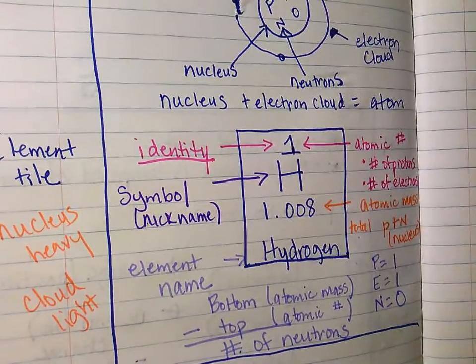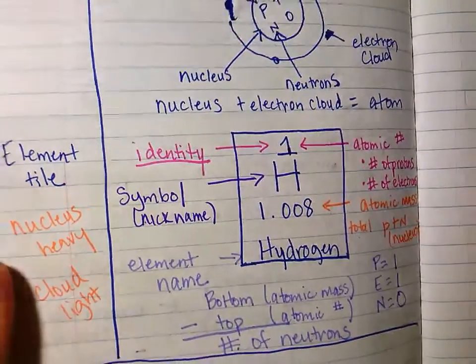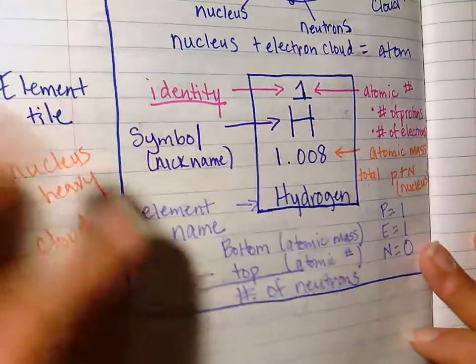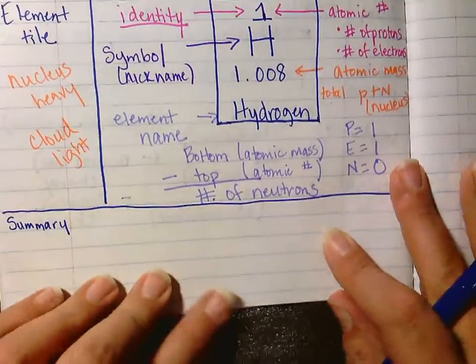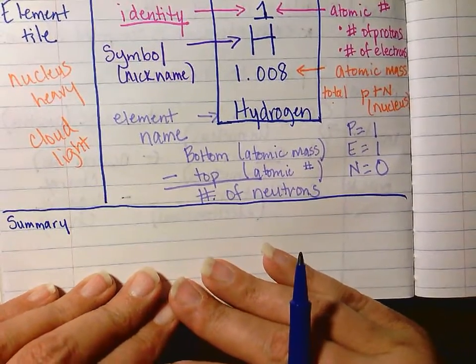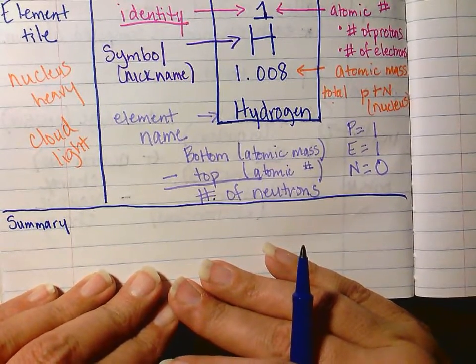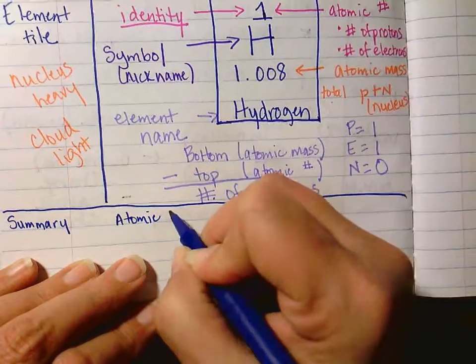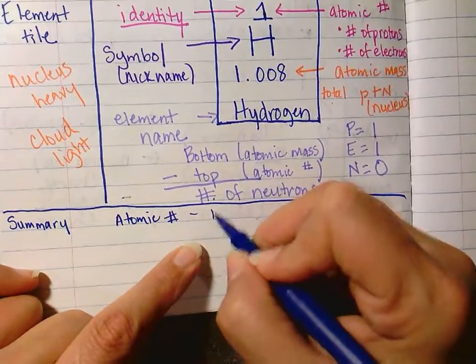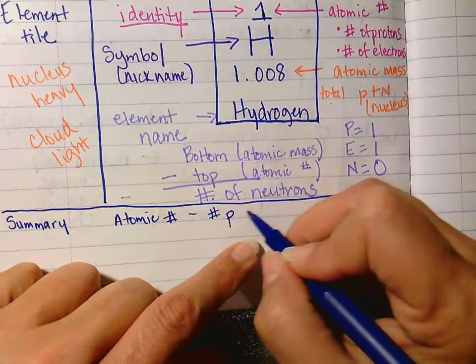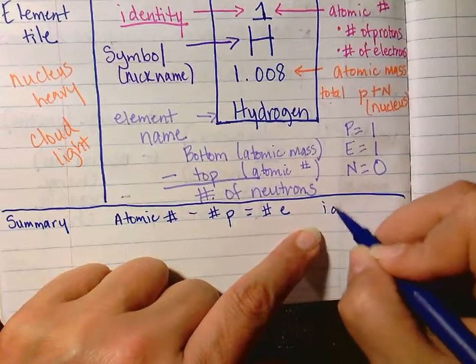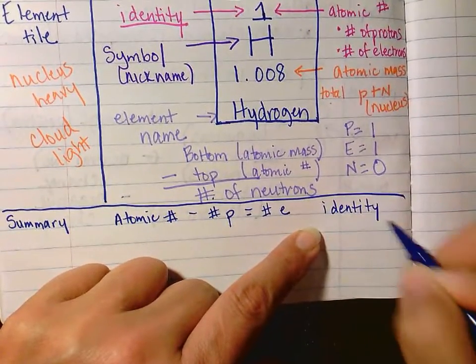Okay, so our last part for today is to do our summary here at the bottom of all of the information that we just obtained. All right? Okay, so to do our summary, I'm going to help you with this first one, and we're just going to pull out the most important information. We know the atomic number is the number of protons, which is also equal to the number of electrons, and it gives the element its identity. Okay?